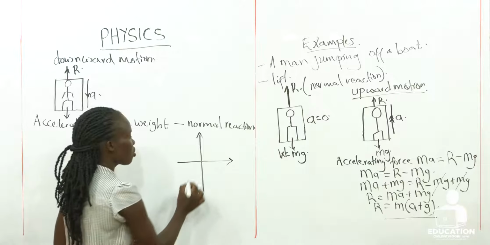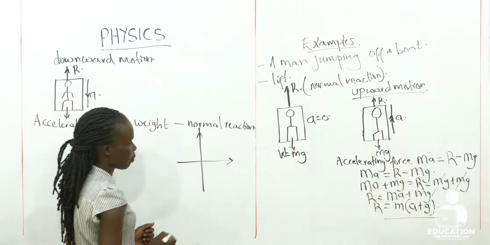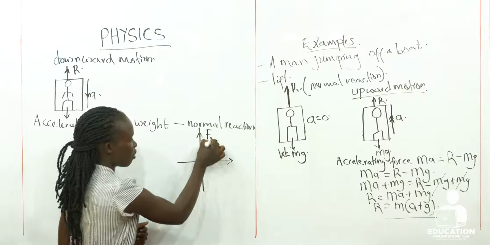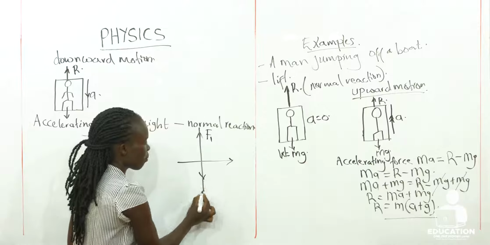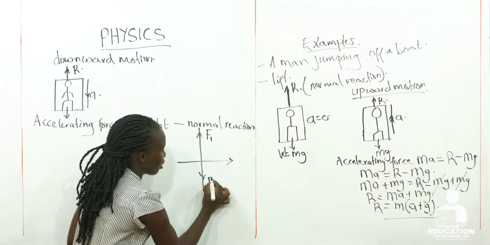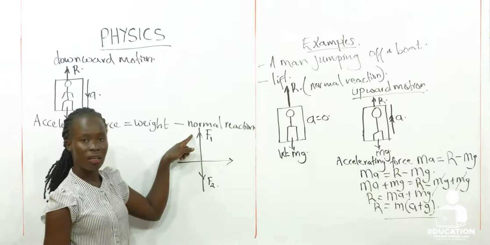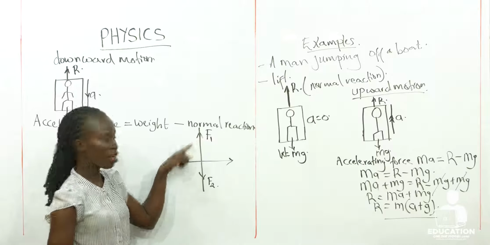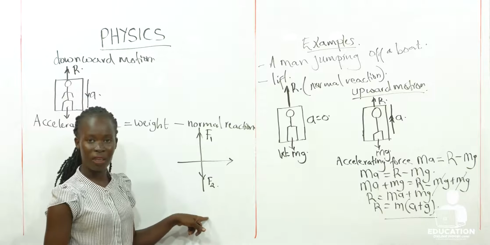So you see that when you have any force going this side, assuming this is F1, and we have another force acting downwards, but on the same axis, that is F2, you see that our arrows are facing differently. So you shall take one of the forces and subtract the other one from it.